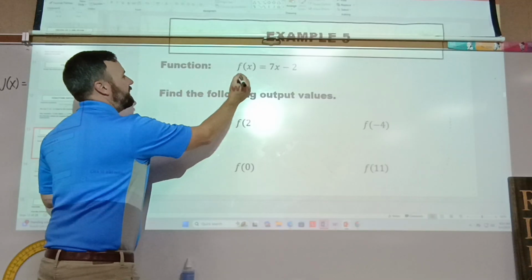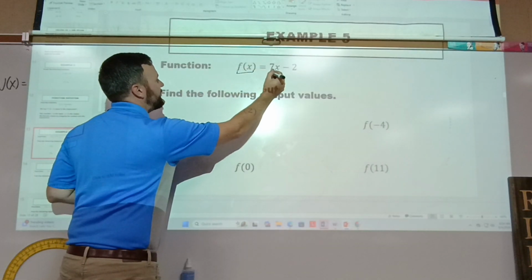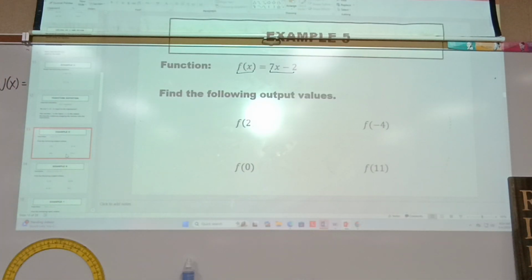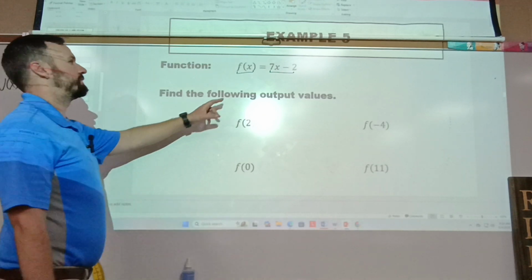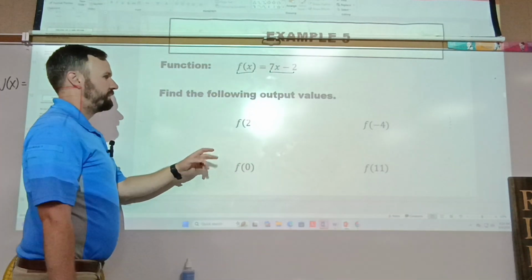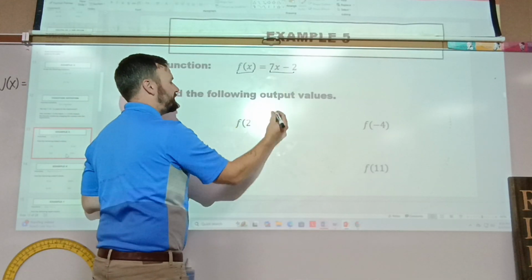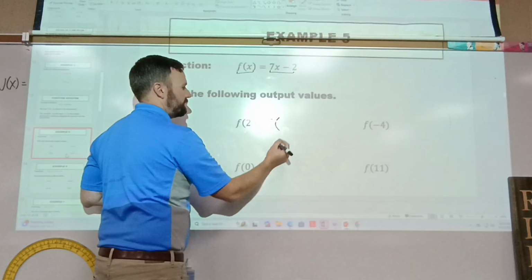All right, so f of x equals 7x minus 2. The function of x is equal to that expression. So if I do f of 2, everywhere I see an x, what do I do? Plug in a 2.